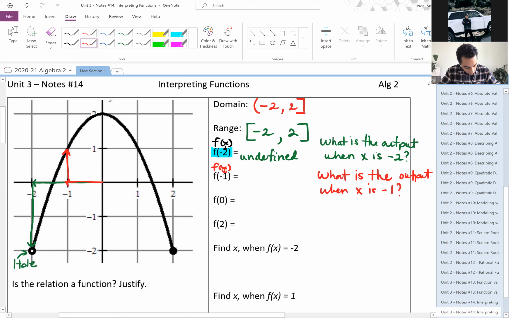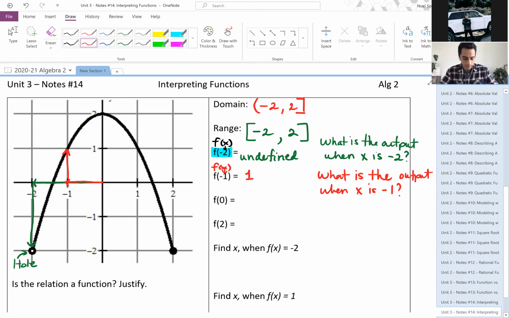And what is that output right there then? What would be the y value? Yeah, this time the y value does exist. It's 1. Okay, do you see that? So whenever we have these output questions, when they're asking for what is the output, it's just like directions, right? Find the x that they're talking about, and then either move up or move down to go hit the graph. That's it.